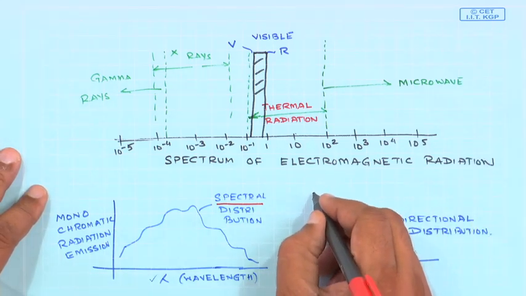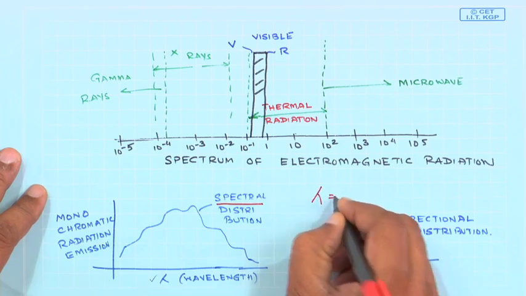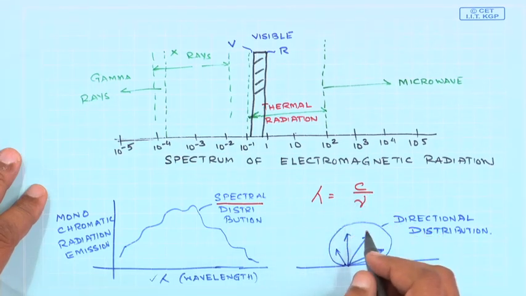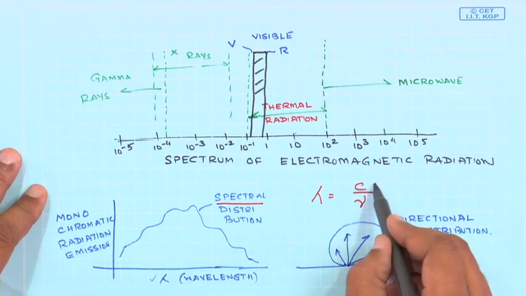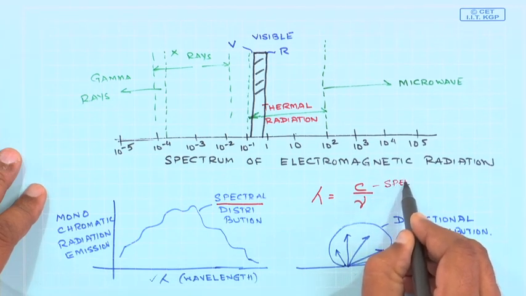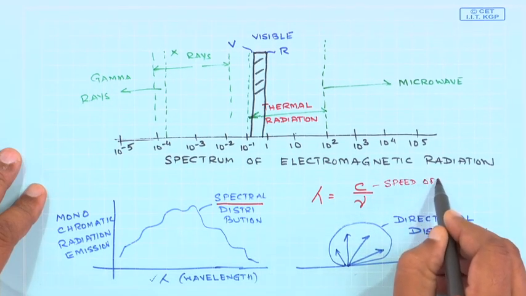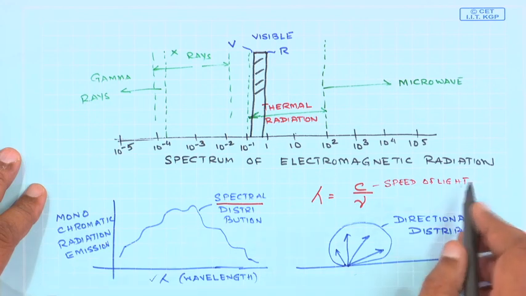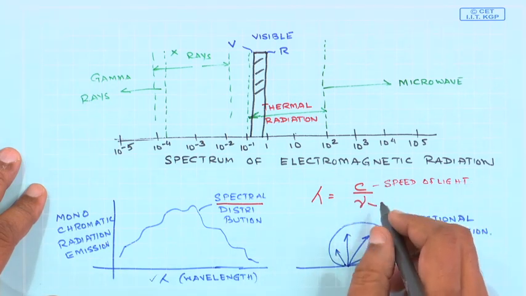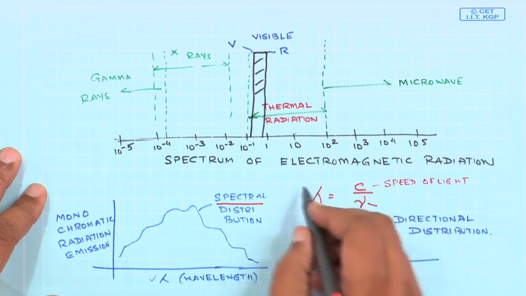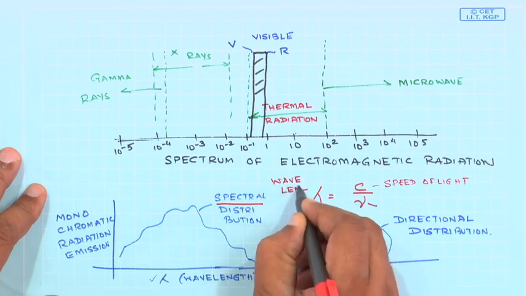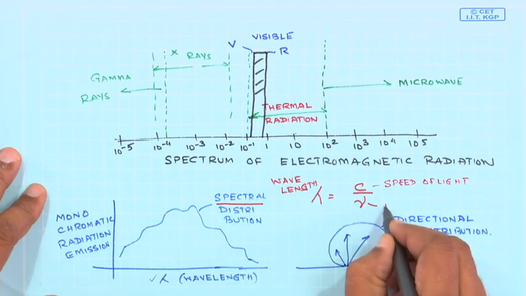And the wave nature of the thermal radiation tells you that this lambda, which is the wavelength, is going to be c by frequency of radiation. So, c is the speed of light, the speed of propagation in the medium, lambda is the wavelength, and this is the frequency.